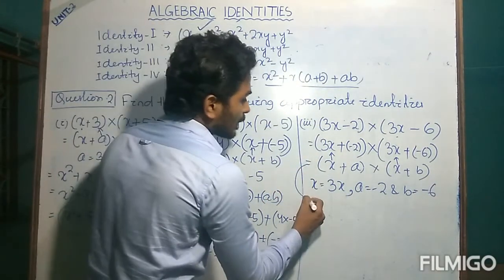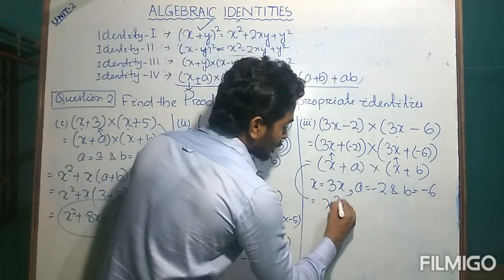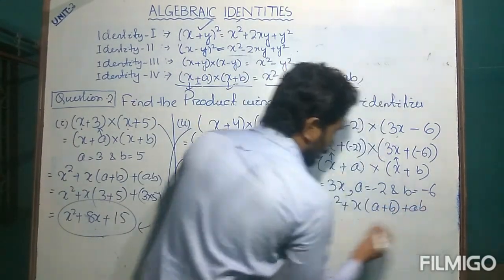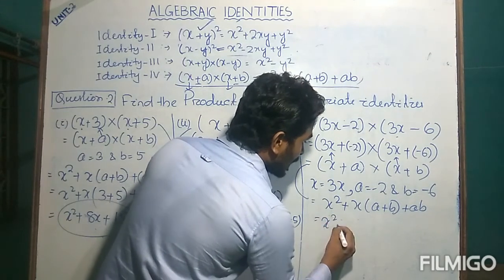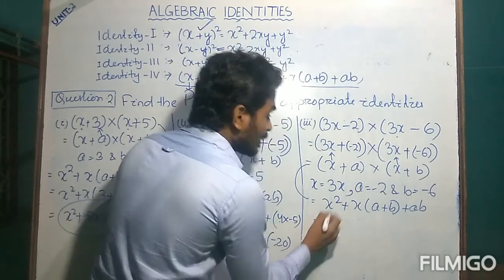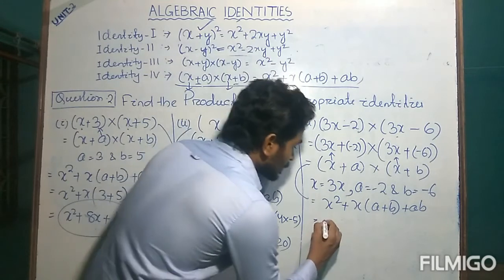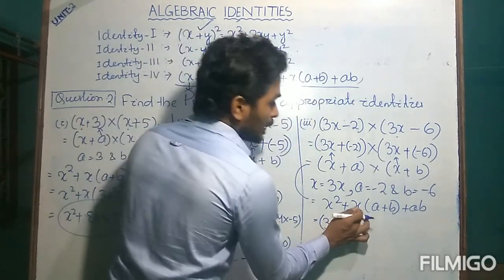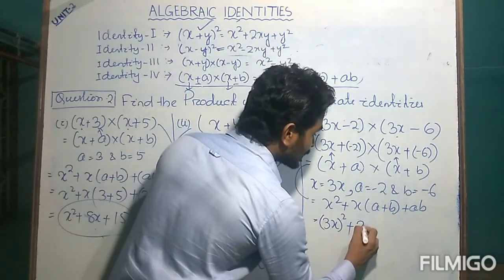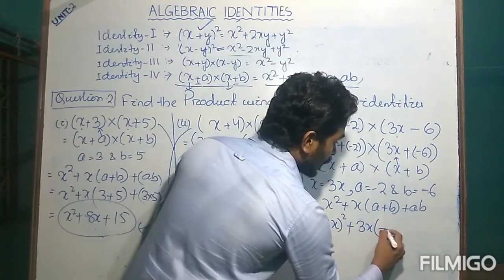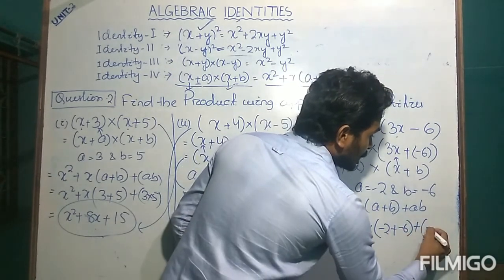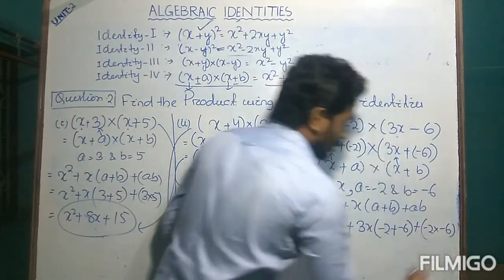Now put the formula of (x plus a)(x plus b), that is x square plus x times (a plus b) plus ab. So it is equal to x square, and in the place of x we have to put 3x. So it will be (3x) whole square, plus, in the place of x you put 3x into (minus 2 plus minus 6), plus a into b, minus 2 into minus 6.